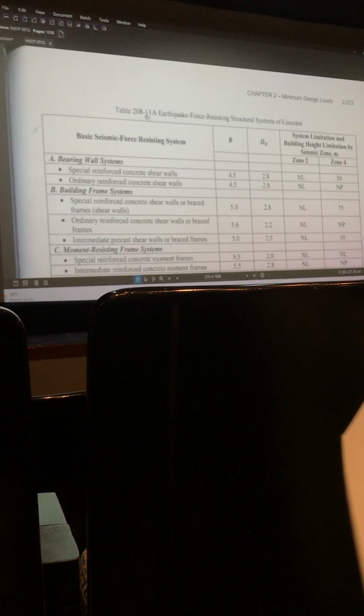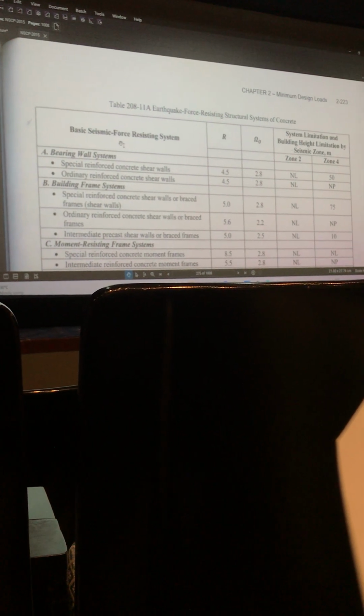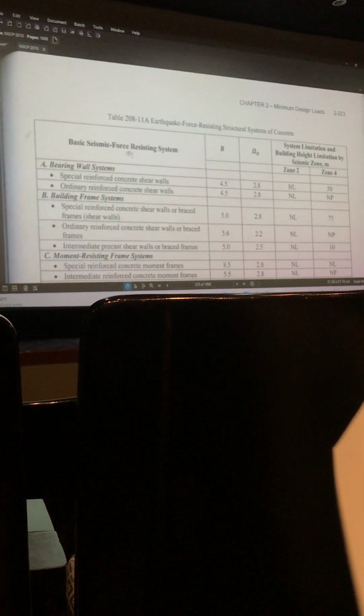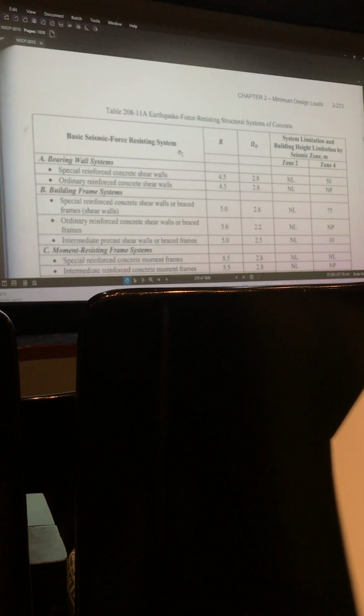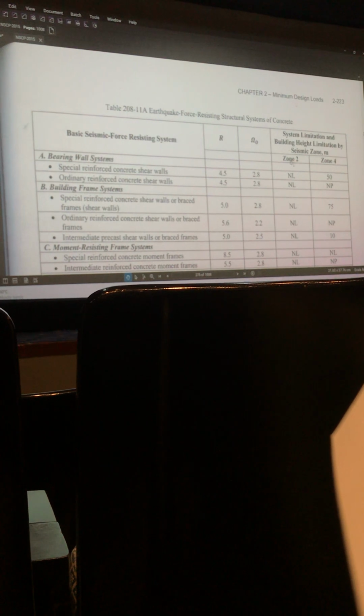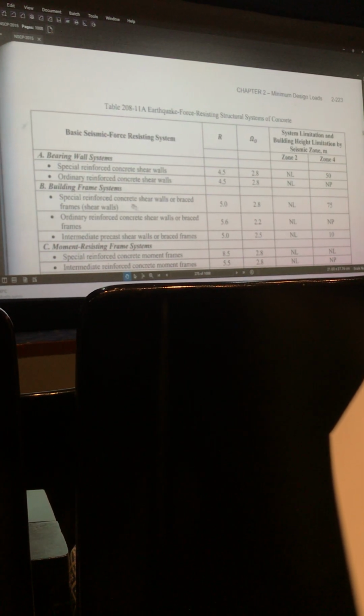So table 28-11A. So in this table, in the first column you have here the basic seismic force resisting system. Then it is being described, no? Then you have here the value of R and the limit, no, of the height under zone 2 and zone 4.